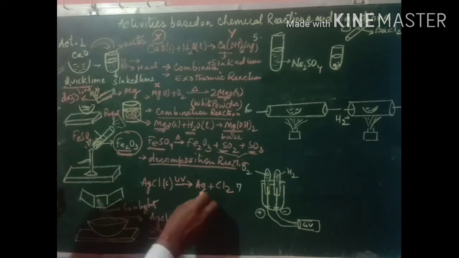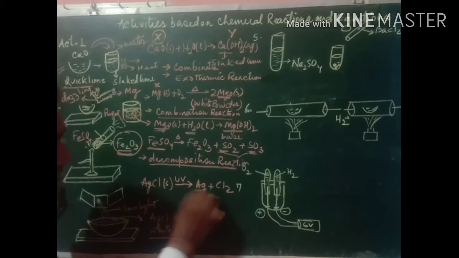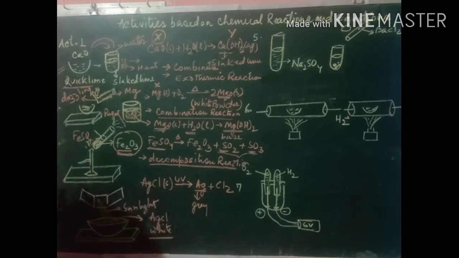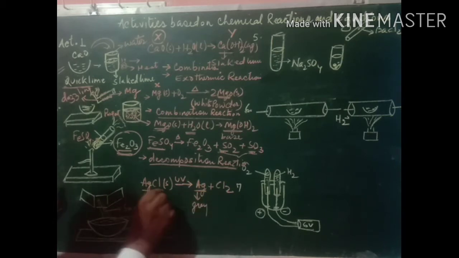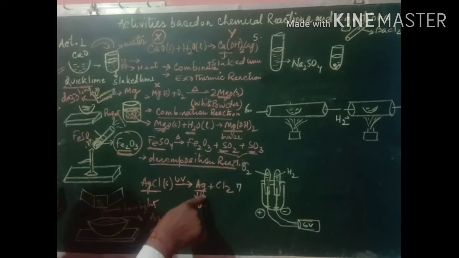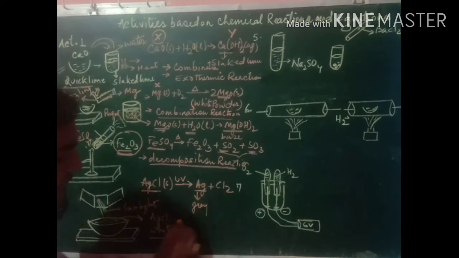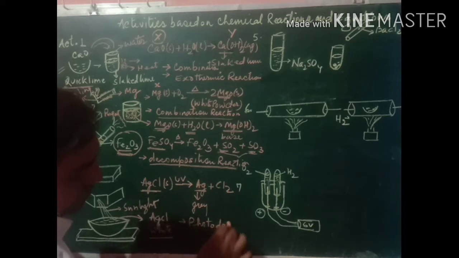Okay students, here Ag means silver, and it becomes gray in color. So you see that AgCl has broken into Ag and chlorine. That is photodecomposition.